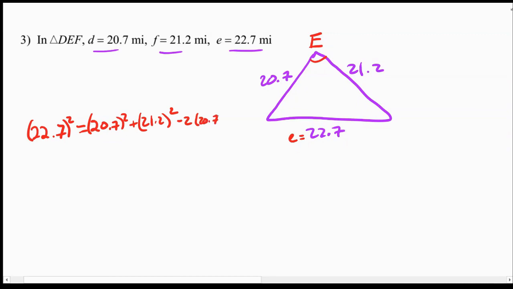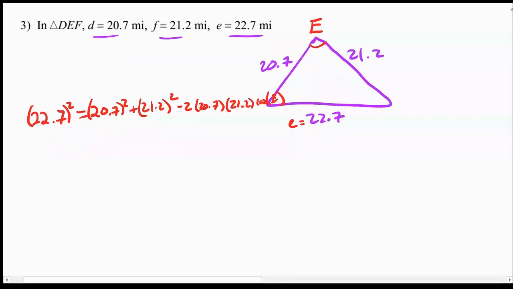I'm going to run out of room here. I've made a huge mistake. Cosine of E. Sorry. I'll rewrite it here after I do a little bit of calculations. So in a calculator here, do some number crunching. 22.7 squared is 515.29.